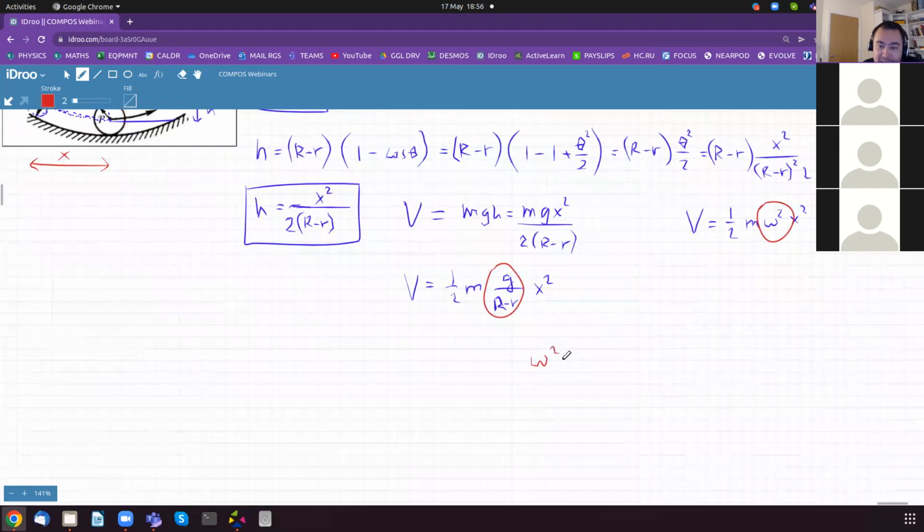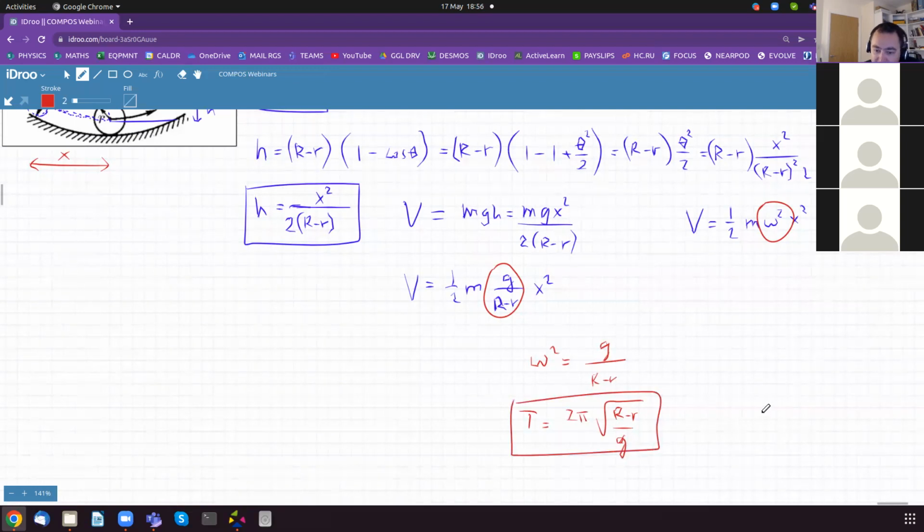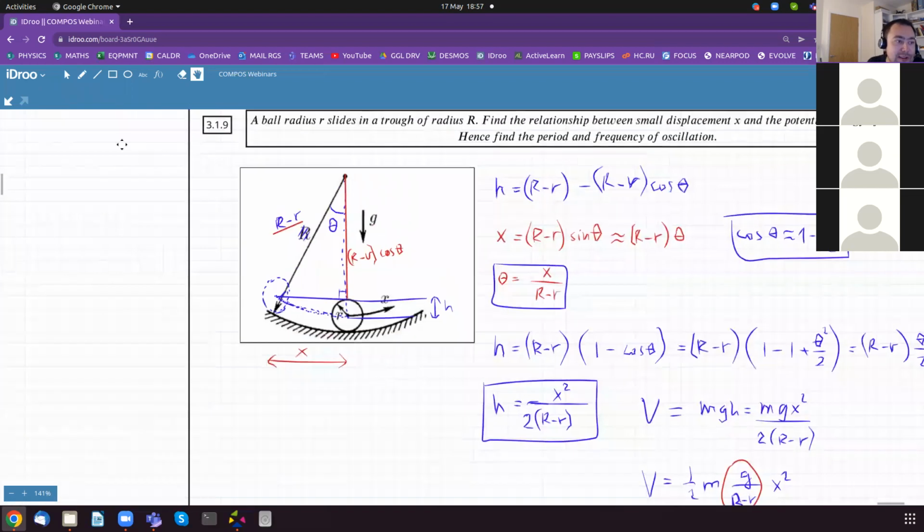So omega squared is g over R minus R. So the time period is 2 pi square root of (R minus R) over g, which looks very familiar, because if you remember, the pendulum is 2 pi square root of L over g. This is the regular pendulum. And it kind of is, because that's what it does.